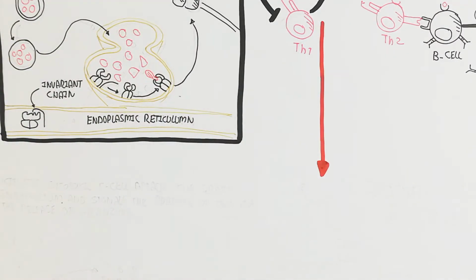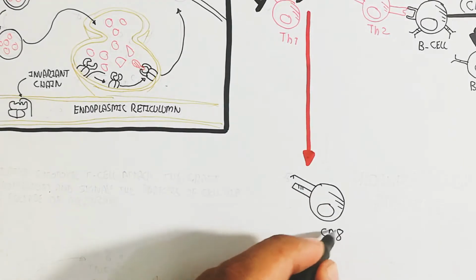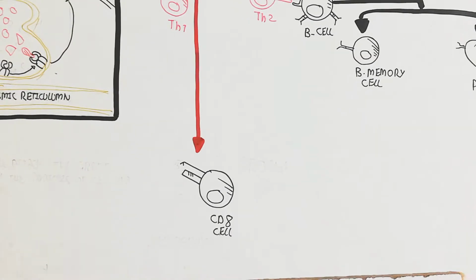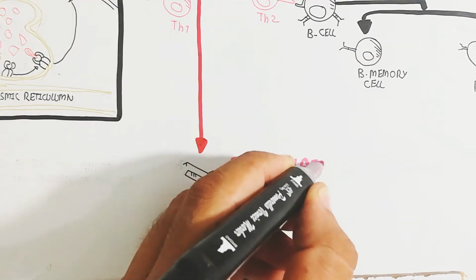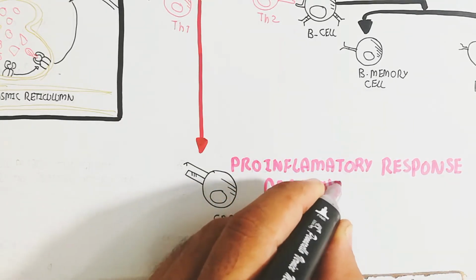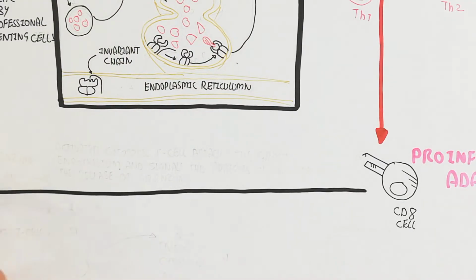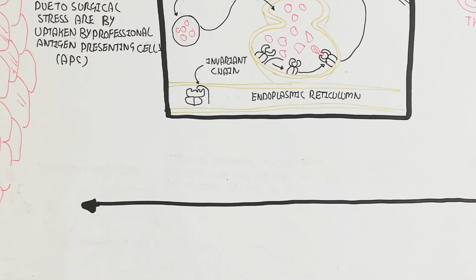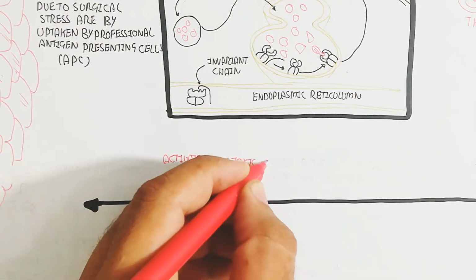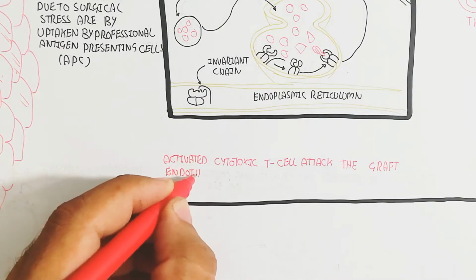If the cross match is compatible, no inflammation will occur. The CD8 T cell is also activated by the pro-inflammatory cytokines from the T helper 1 cell. This is the pro-inflammatory, adaptive response, and the B cell is also an adaptive immune response, the humoral one.